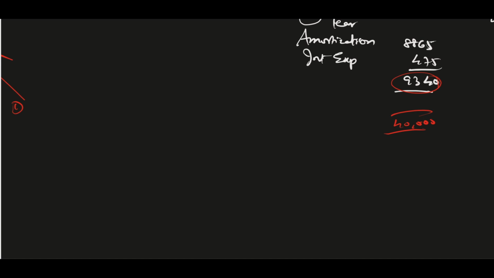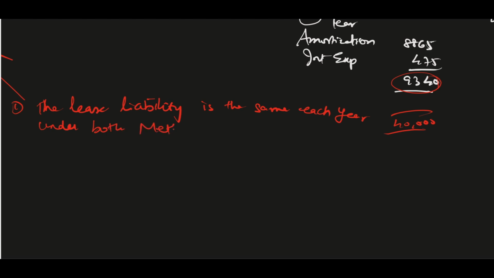Number one, the lease liability is the same each year under both methods, both IFRS or US GAAP, any method.